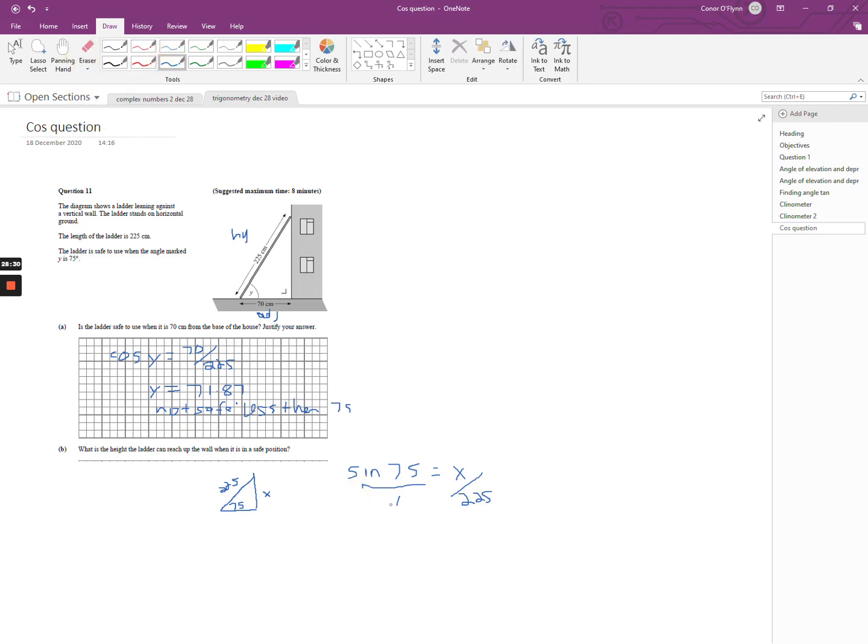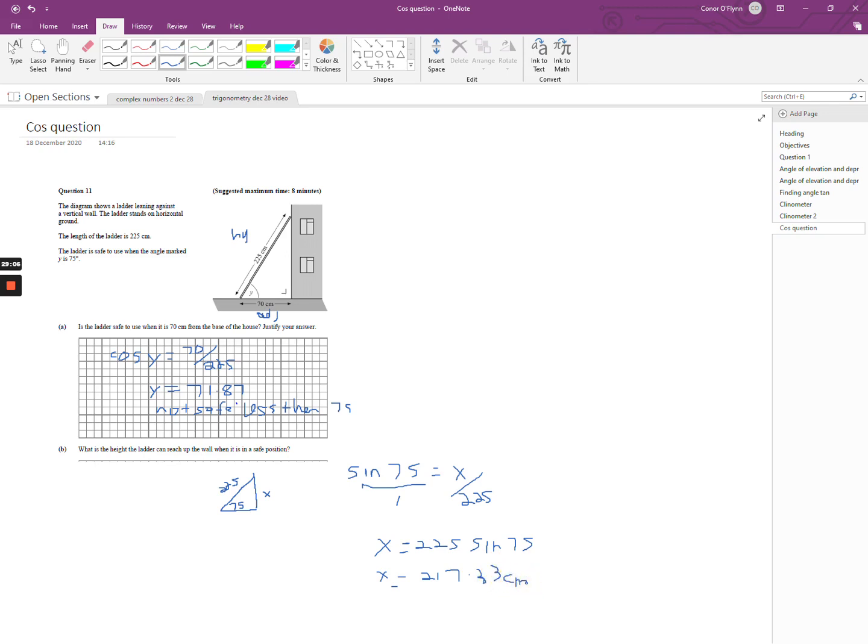So x equals 225 sine 75. Let's work that out in the calculator. Again, make sure it's on degrees. So our height has to be 217.3 centimeters, sorry. That's our final answer.